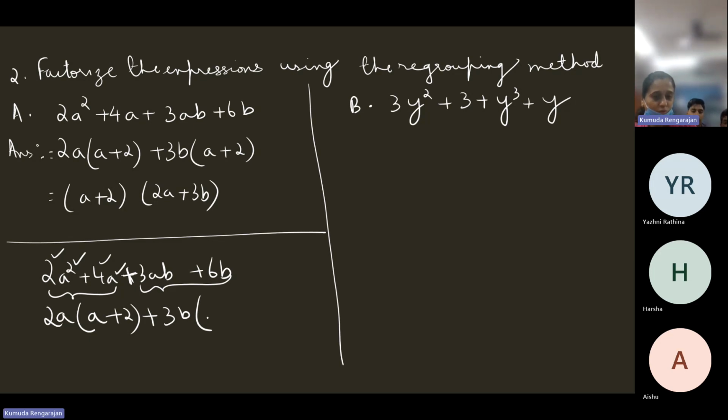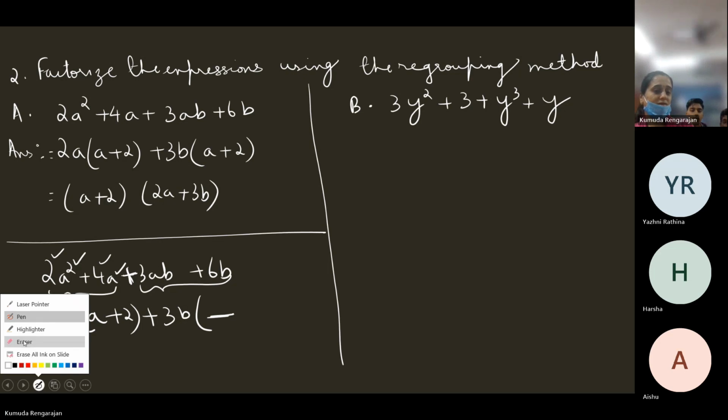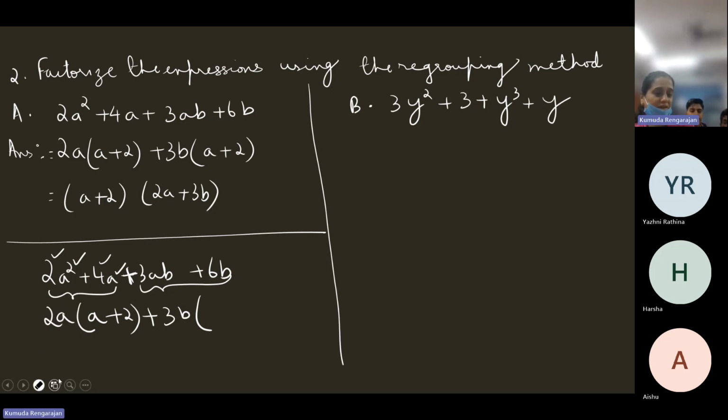This 3b into what will give you this term 3ab? You can write here till you get used to it. You can write like this: 3b into what? 3b should be multiplied by what to get 3ab? This is the question.